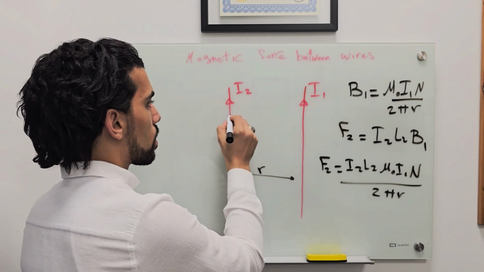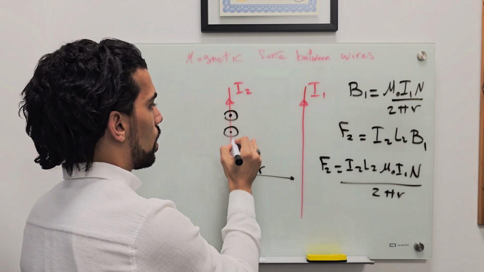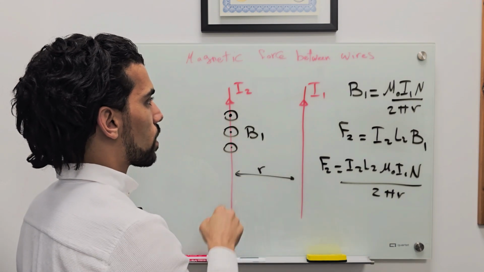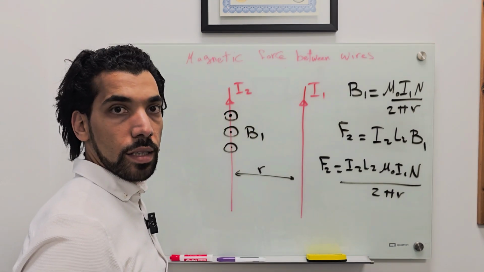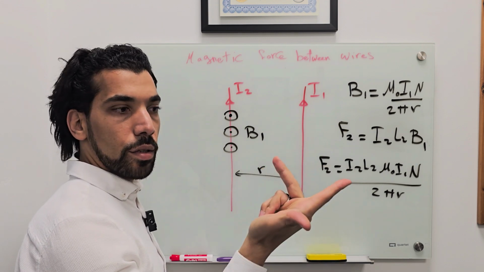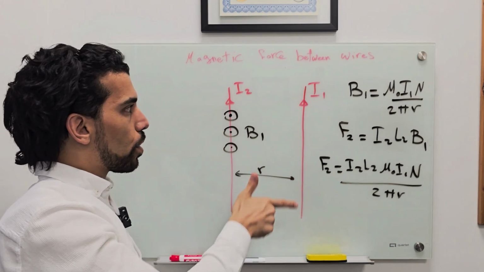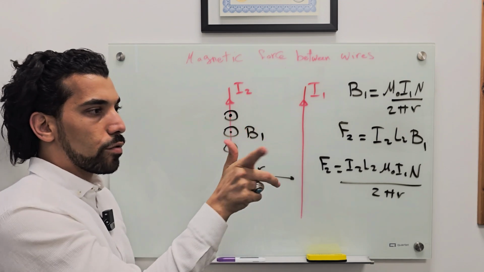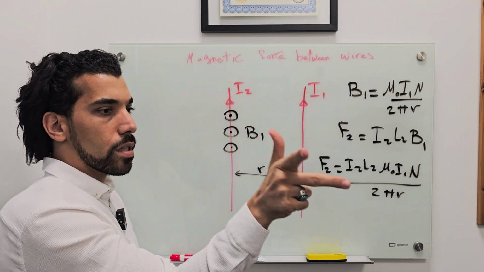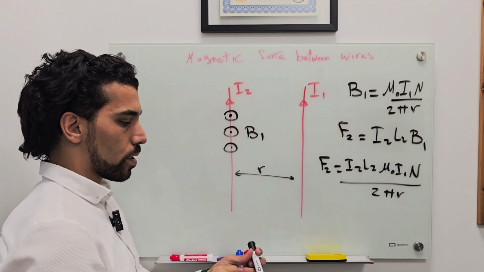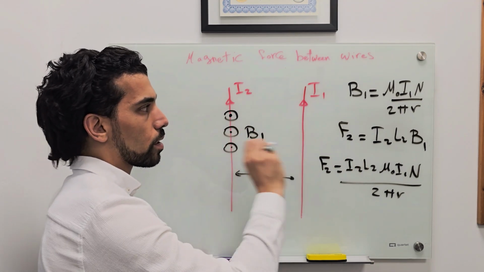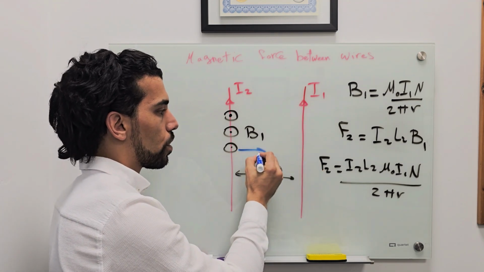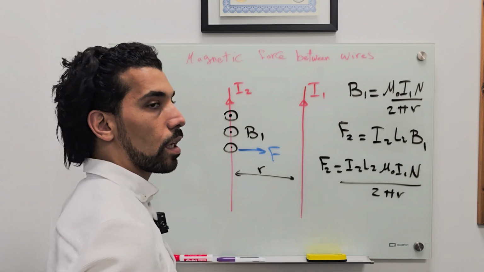So we can say that this is the magnetic field B1. And from the magnetic field, for I2, we can use the second right-hand rule, making our fingers like this, pointing the current going up, then this is the magnetic field in this direction, so the force is going here, which we see is pointing towards the other wire that carries I1. So the force is in this direction.